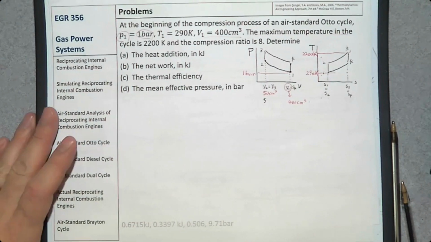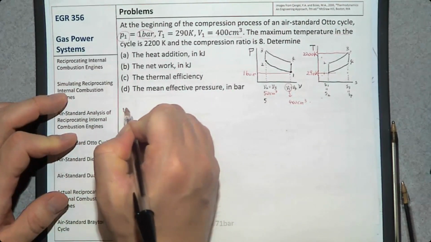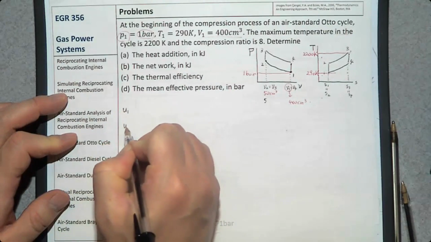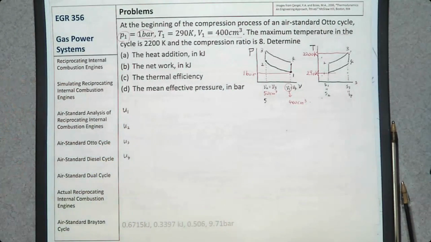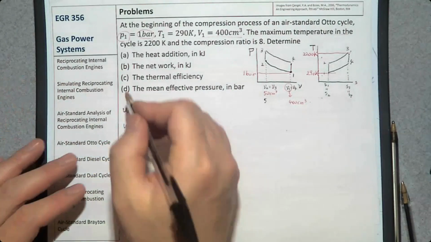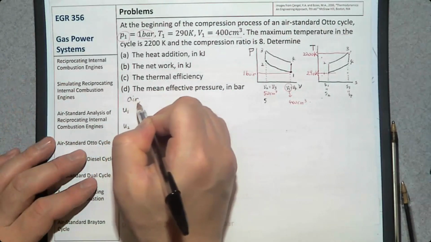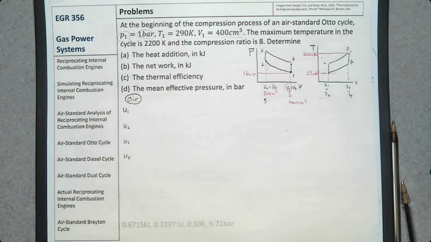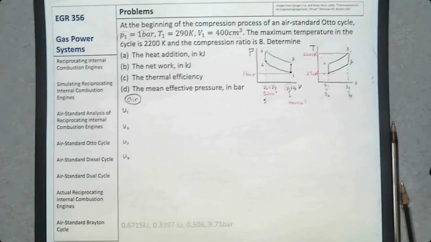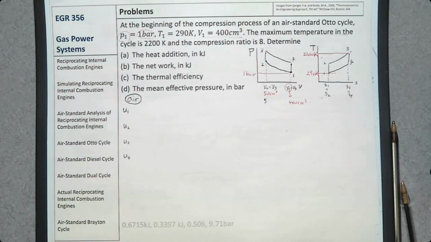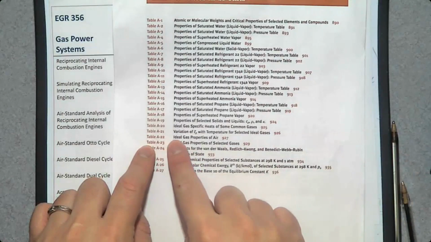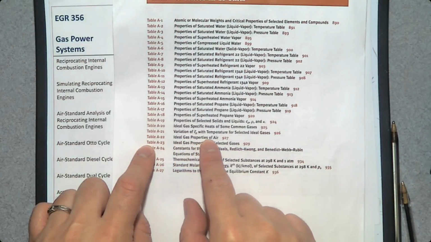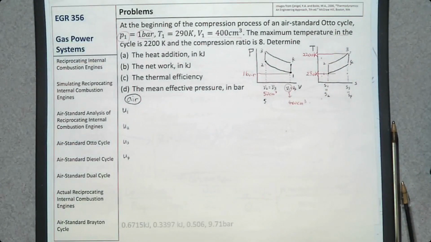So that's what we are going to do first. And what is the working gas in the system? Air, an ideal gas. So there's a table for ideal gas properties of air, Table A22. So we are going to find Table A22.